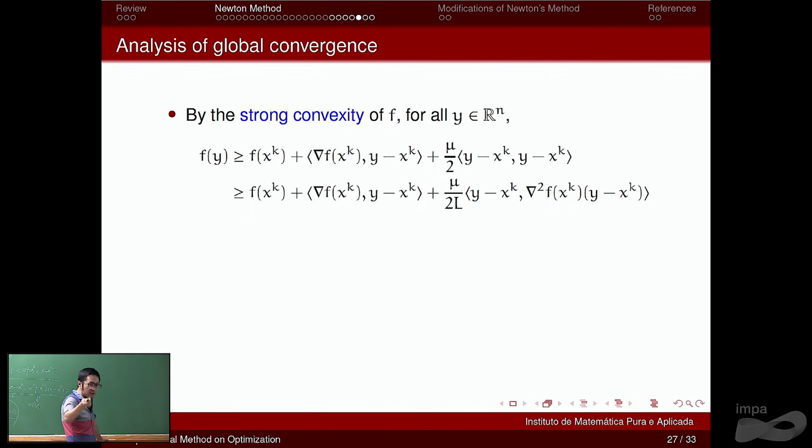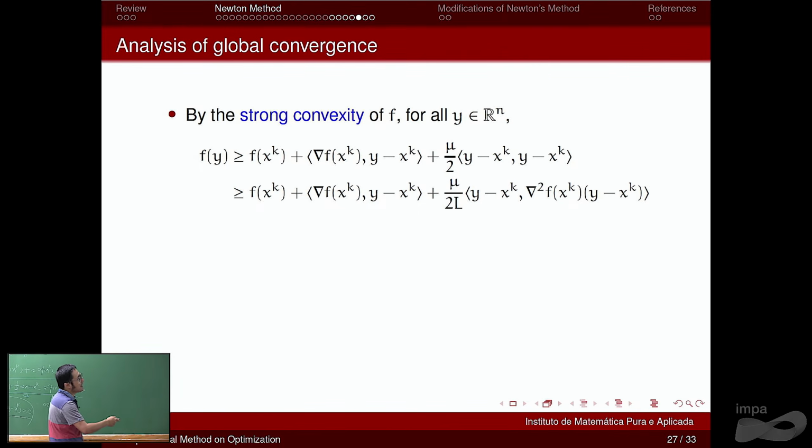Remember we have recalled the definition of strong convexity. For any y in the whole space, we have this, just by the definition of strong convexity, and this mu is the constant with respect to strong convexity.